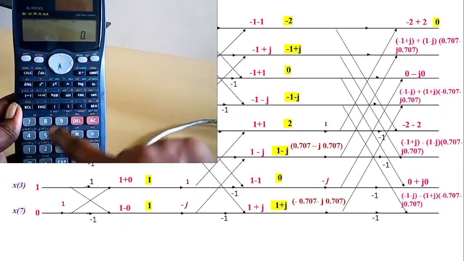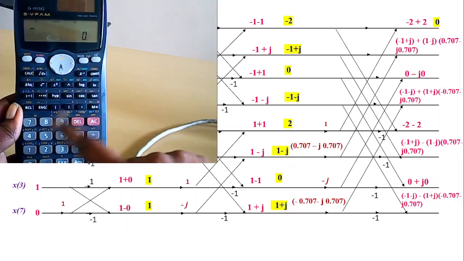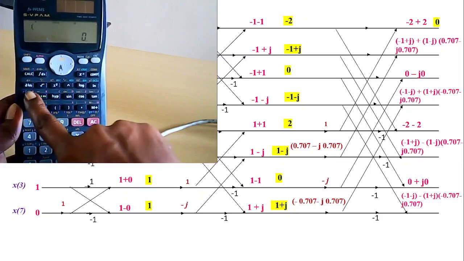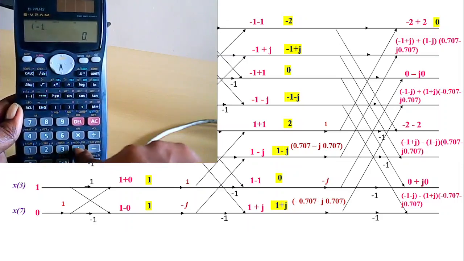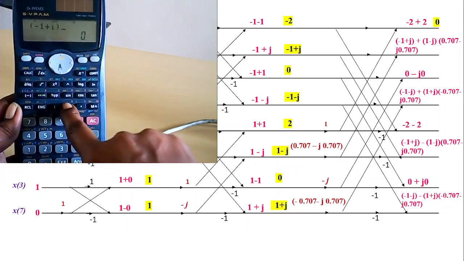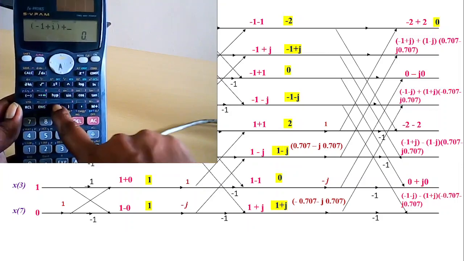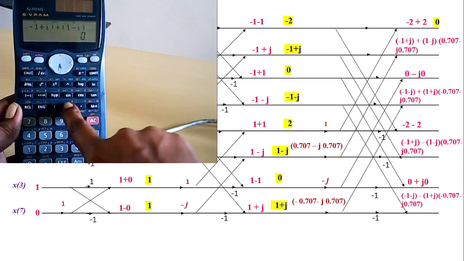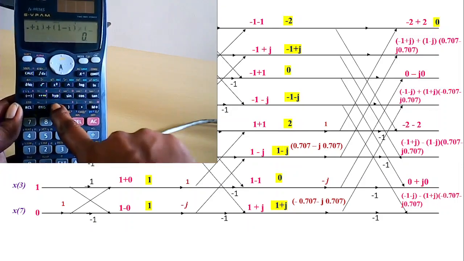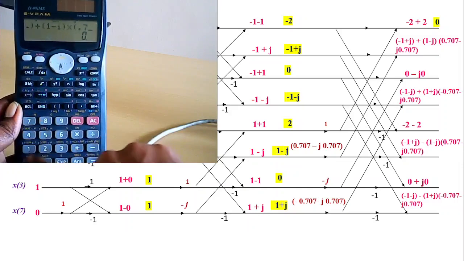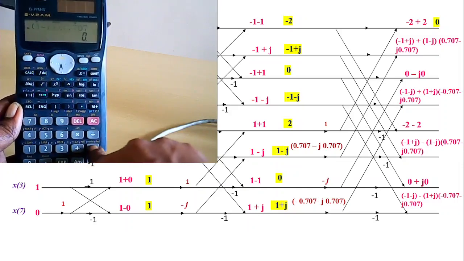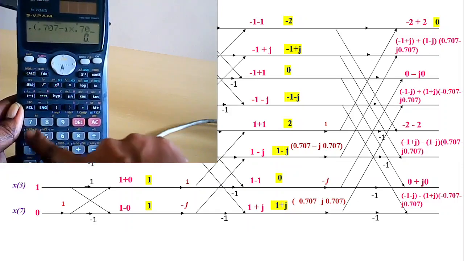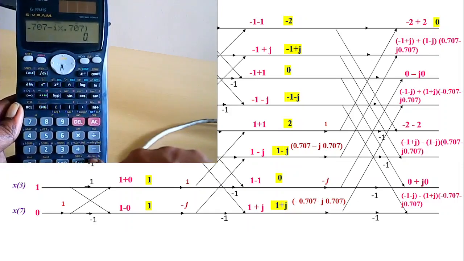So select your calculator in complex mode, then open bracket -1 plus j close bracket plus open bracket 1 minus j close bracket into open bracket 0.707 minus j into 0.707 close bracket, equal to.